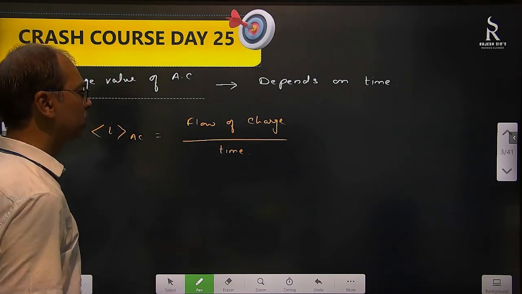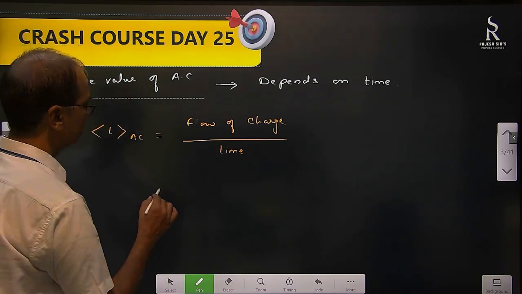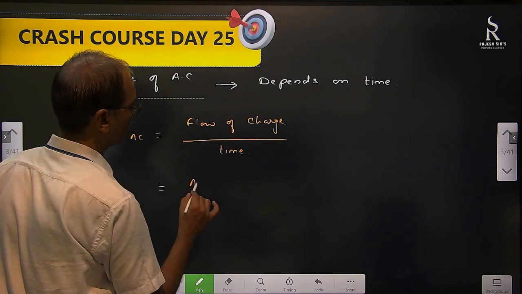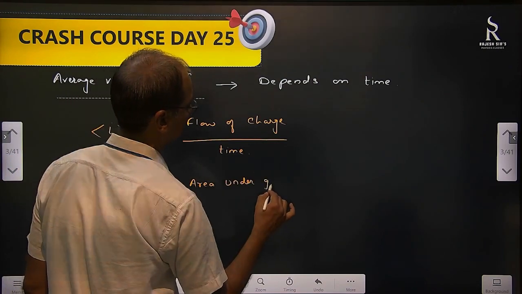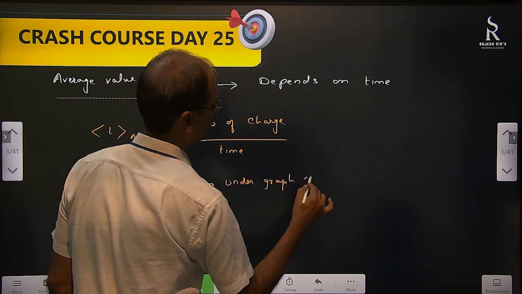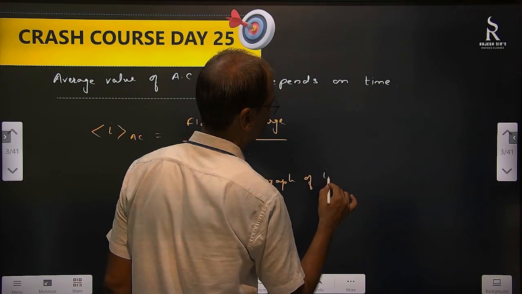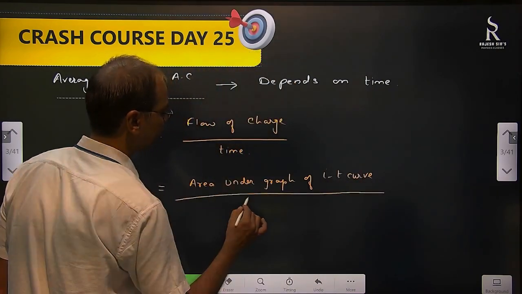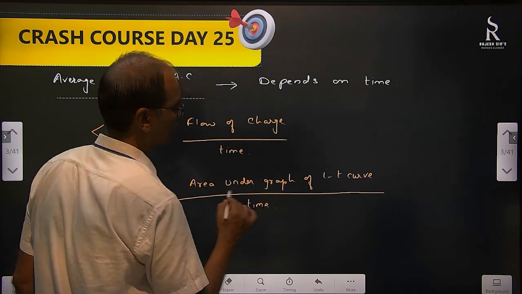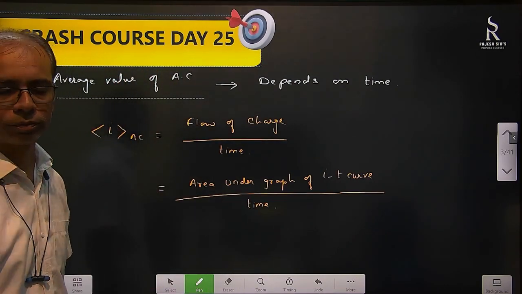And if it is given in terms of a graph, then we say the area under the graph of the I-t curve, current and time curve, divided by the total time. This is the average value, right?